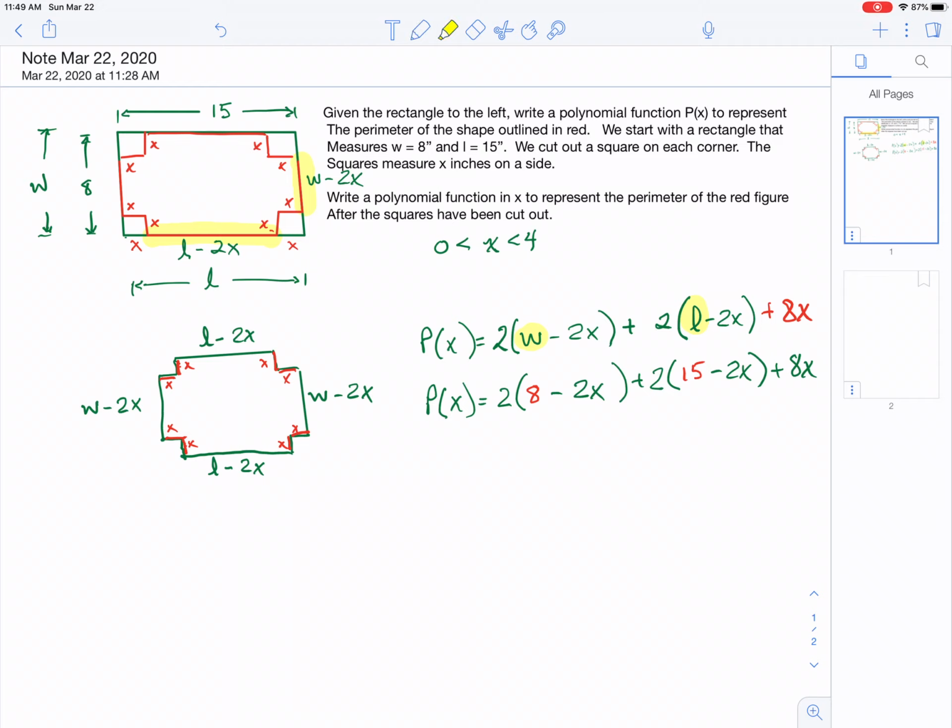So remember, when you use this function notation, the letter that you see in the argument, in the parentheses, P of x, should be the only variable that we see over there on the right-hand side of this polynomial function. So now I think it's just a matter of working through the algebra. So I'm going to distribute this 2.